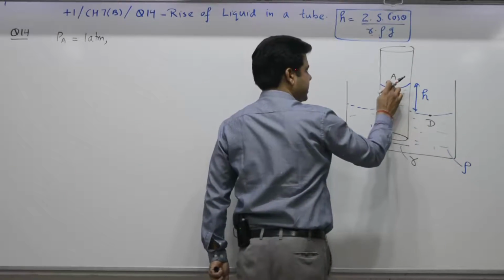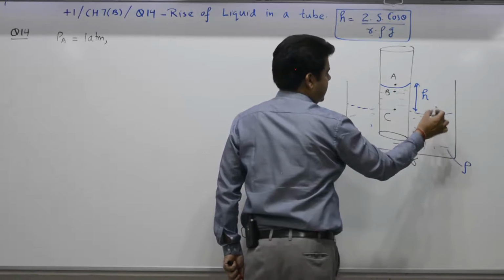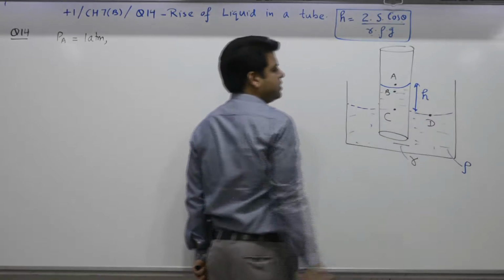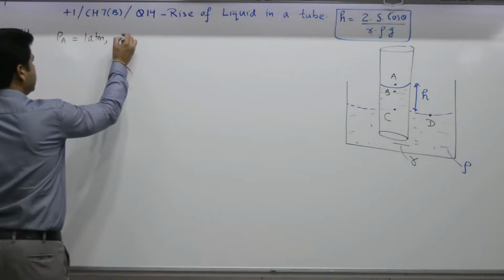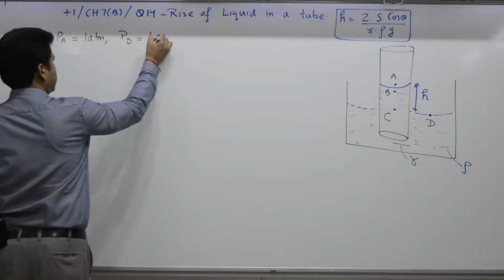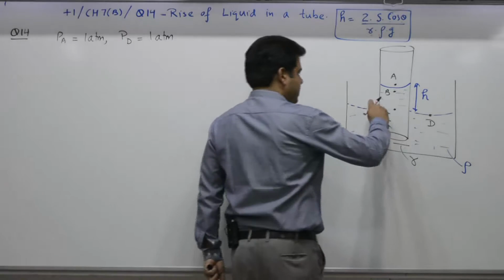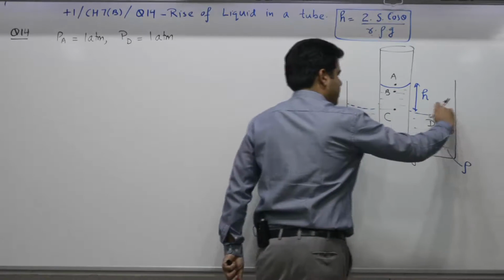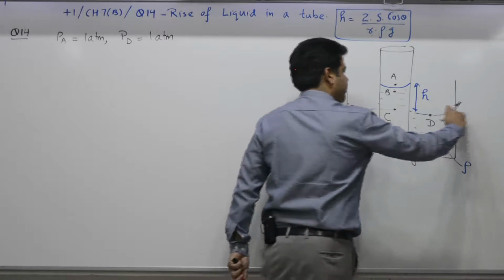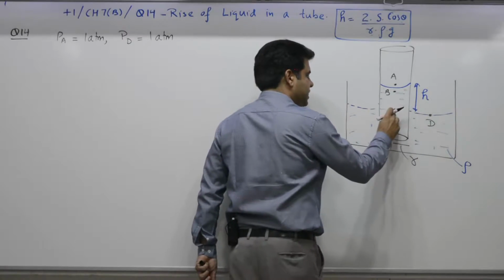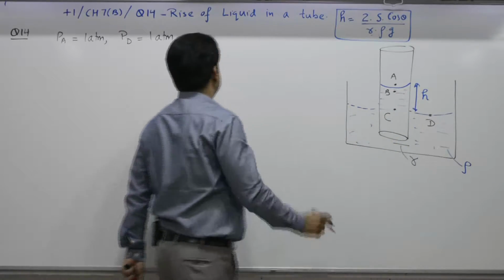D is also open to atmosphere, so pressure at D is also 1 atmosphere. Pressure at same level remains the same, so pressure at C is also 1 atmosphere.